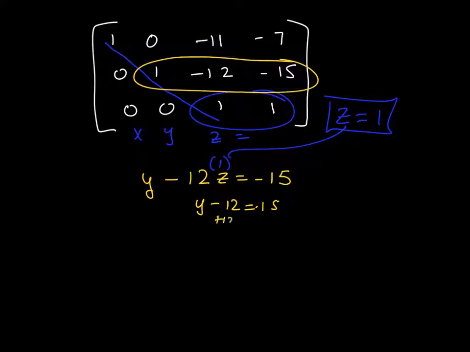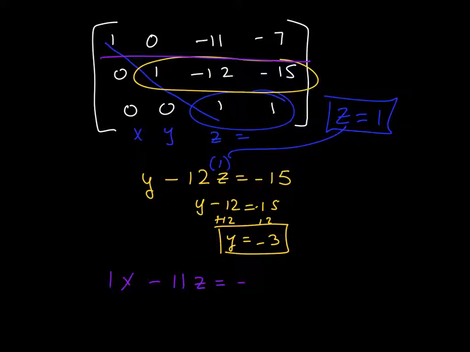I add 12 to both sides, and I get the fact that y is equal to negative 3. So I have z and y already, so now all I need to do is go back to the first row that we created up here, and that tells me 1x, I skipped the y term because the y is 0, minus 11z is equal to negative 7.